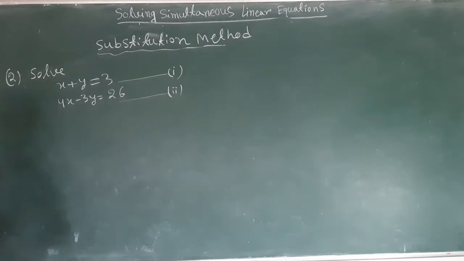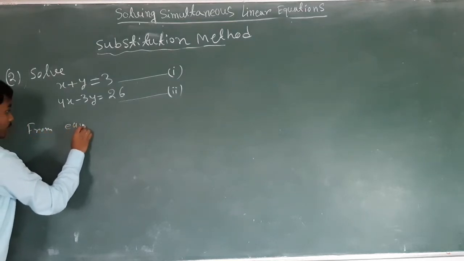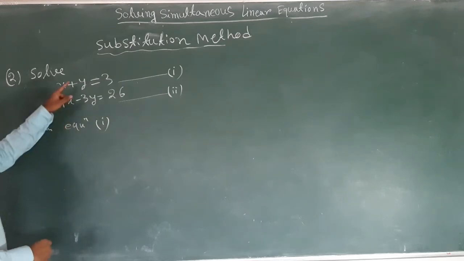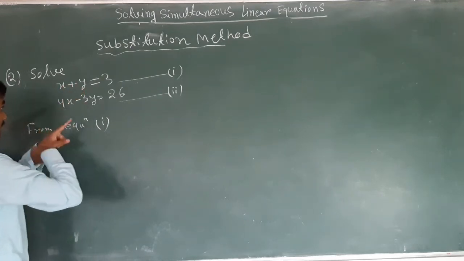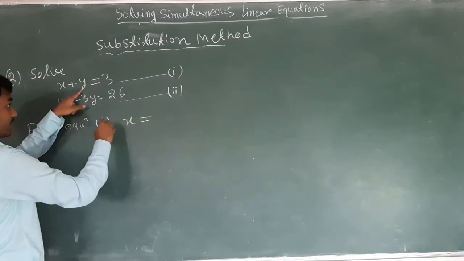When we solve a simultaneous equation by the substitution method, first we express any variable, suppose x, in terms of y. From equation 1 we can express x in terms of y.